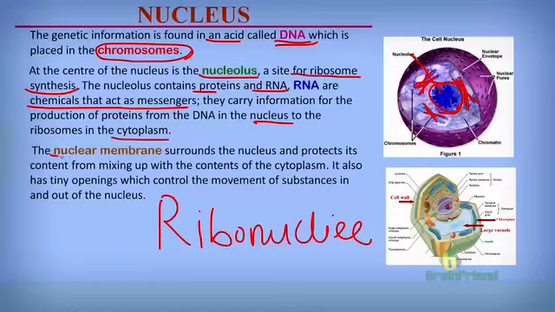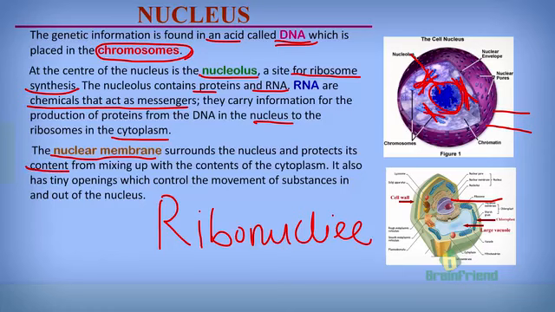The nuclear membrane. The nuclear membrane is the external surface of the nucleus. This is the nuclear membrane. This is also the nuclear membrane. The nuclear membrane is also a sheet of material that surrounds the nucleus. It bounds the nucleus and protects the content of the nucleus.